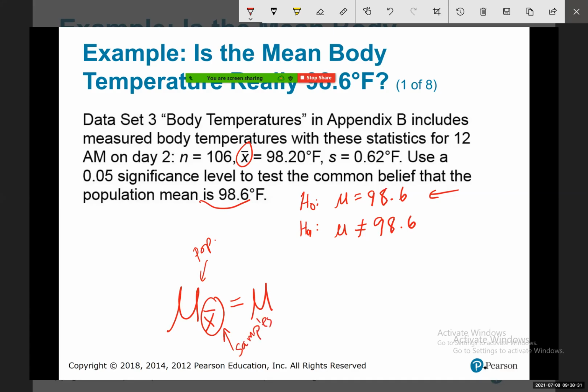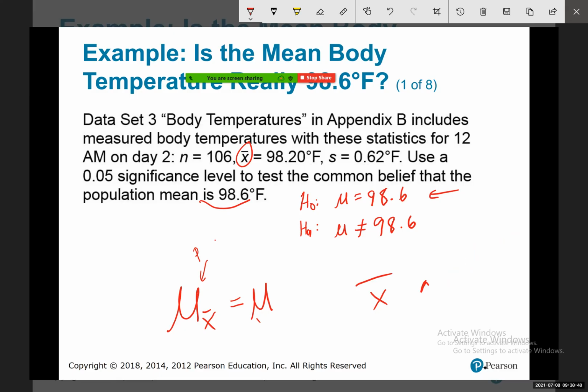Mu of X bar is the same thing as mu. But X bar itself is the sample mean. Make sense?